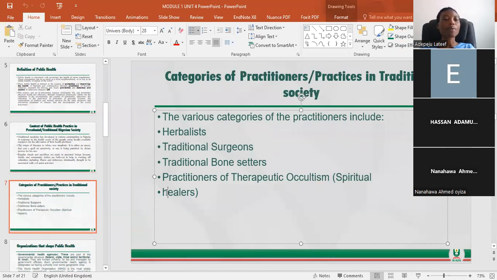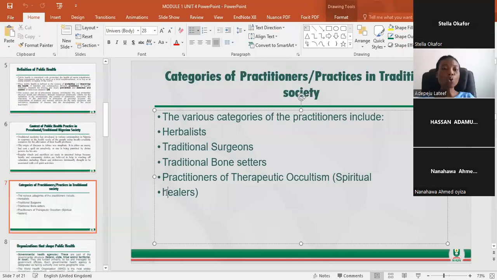Okay, hopefully she'll. So the next point, the next category of traditional practice that we have in Nigeria is who? Traditional bone setter. Yes, Stella Okafor, please, let's hear your thoughts.